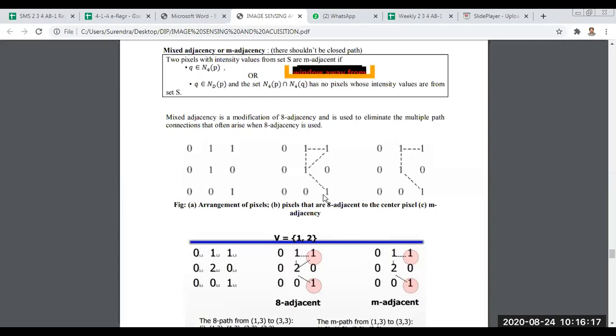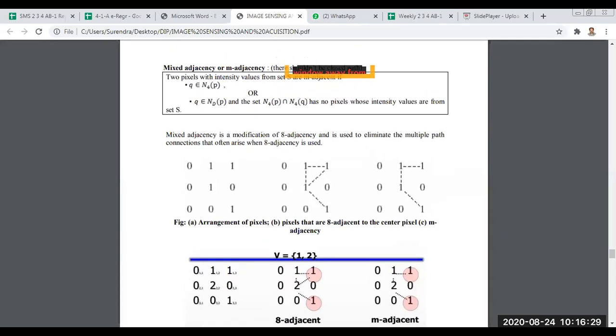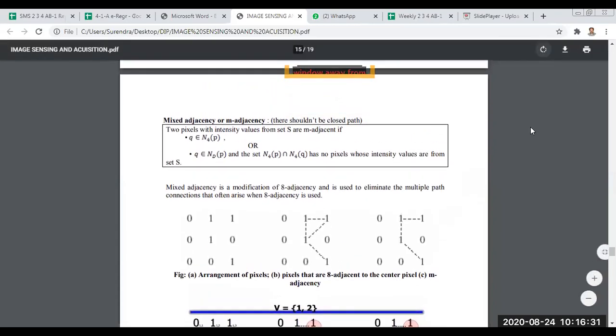If you observe clearly, in 8-adjacency or in 4-adjacency, generally we are getting closed paths. But in M-adjacency, we already have a condition. What is that? There should not be a closed path. In mixed adjacency or M-adjacency, there should not be a closed path. What is the reason?